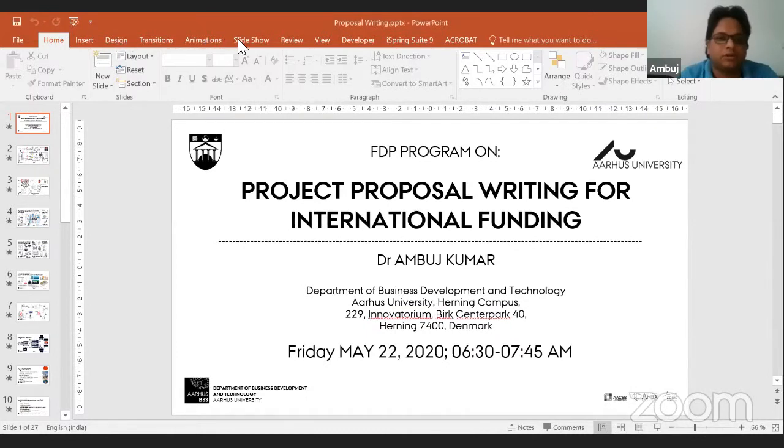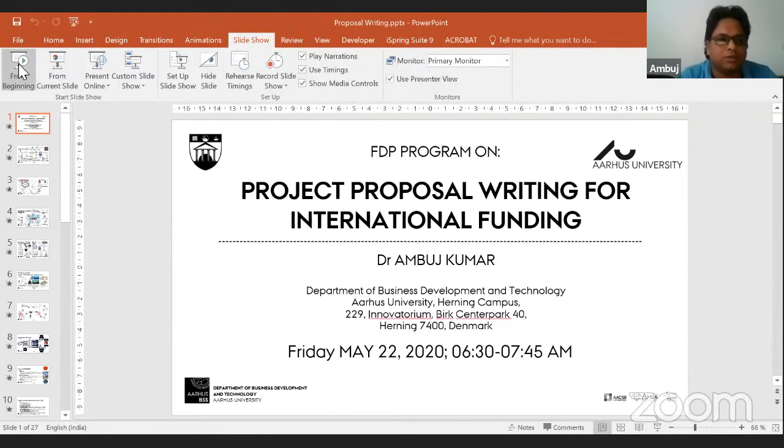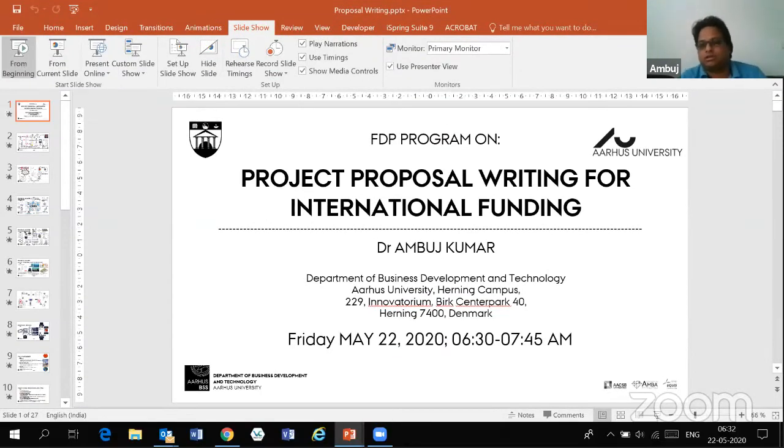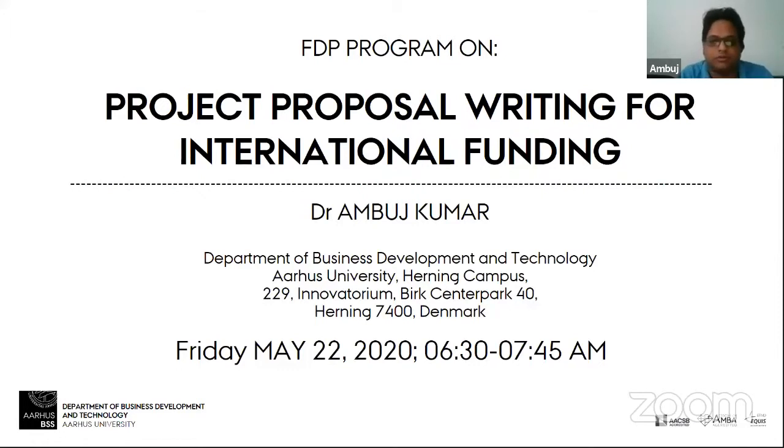Good. Thank you, Dr. Purnima, for introducing me, and very good morning to all the viewers here. I am Dr. Ambuj Kumar from Denmark, and I belong to the Department of Business Development and Technology, Aarhus University, Herning campus.